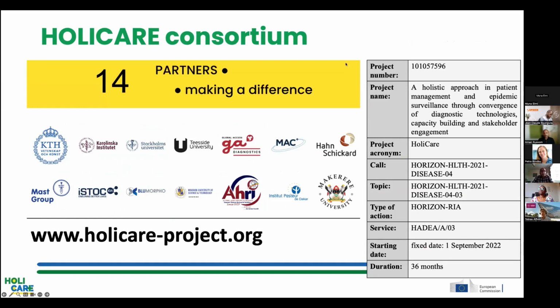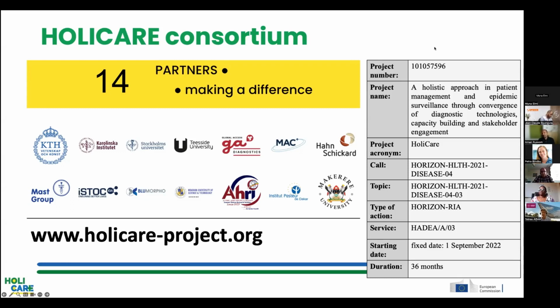So who we are: a consortium consisting of 14 partners, and out of those 14 partners, we are fortunate enough to have 4 sub-Saharan African members from 3 different countries. We have Ethiopia, Senegal, and Uganda.